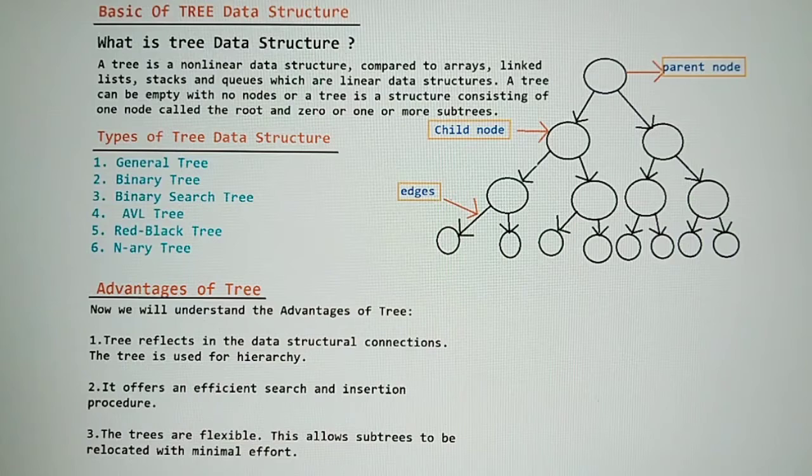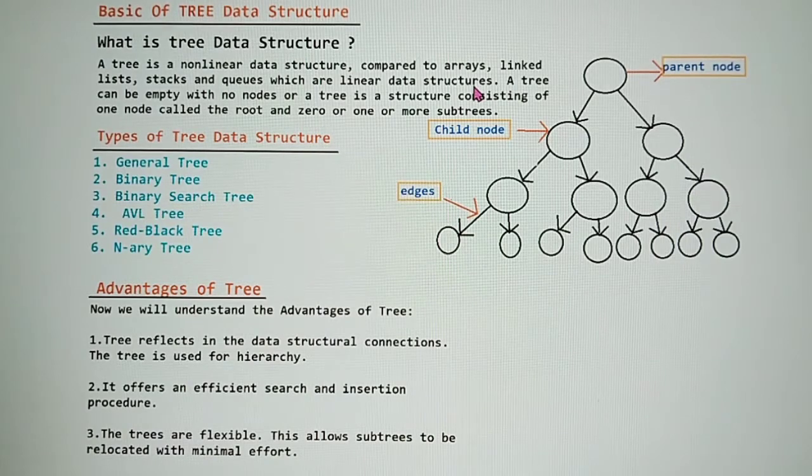At first, the most important thing is: what is the tree data structure? A tree is a non-linear data structure. It is important to note that a tree is non-linear, compared to array, linked list, stack and queue, which are linear data structures.